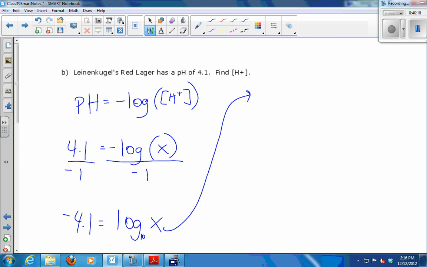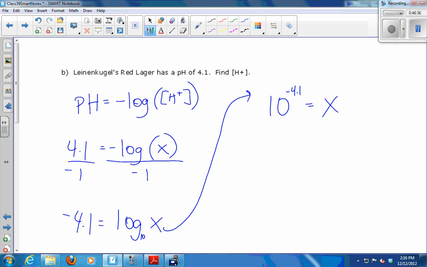There's a little imaginary 10 there. So when I change this to an exponential equation, my base is 10. My exponent is negative 4.1 because the log is the exponent. 10 to the negative 4.1 equals X. So there's my answer.